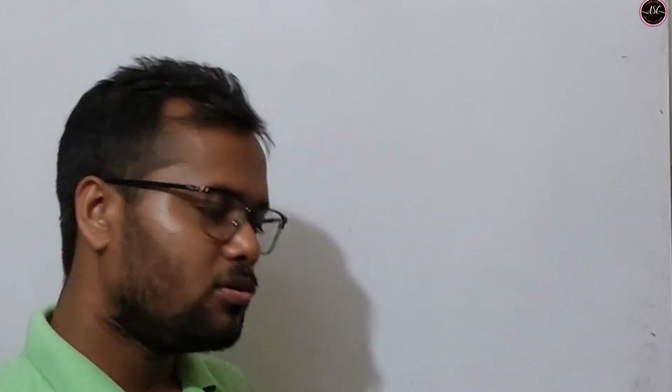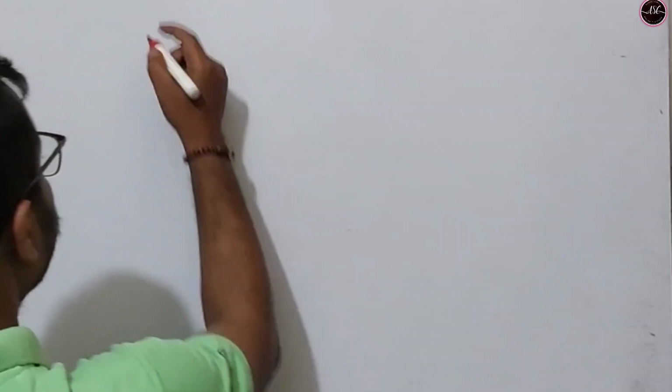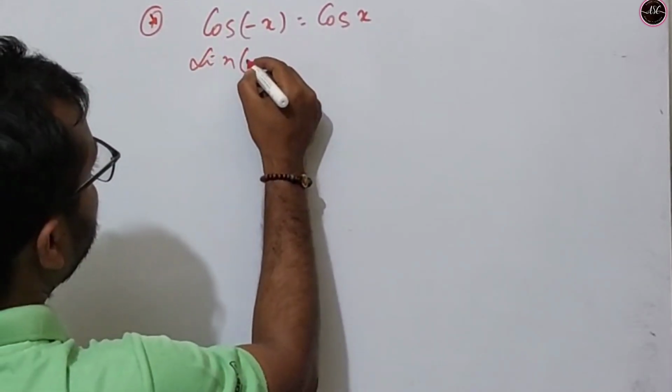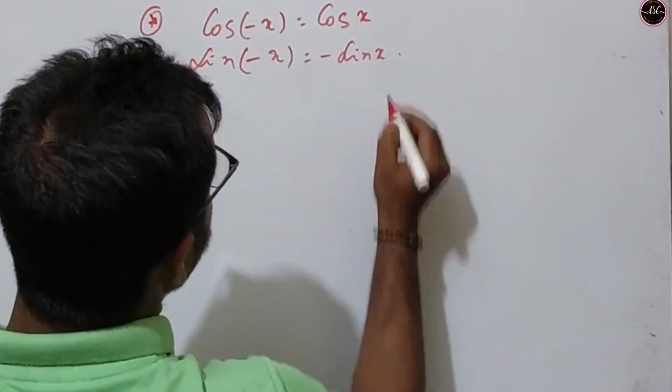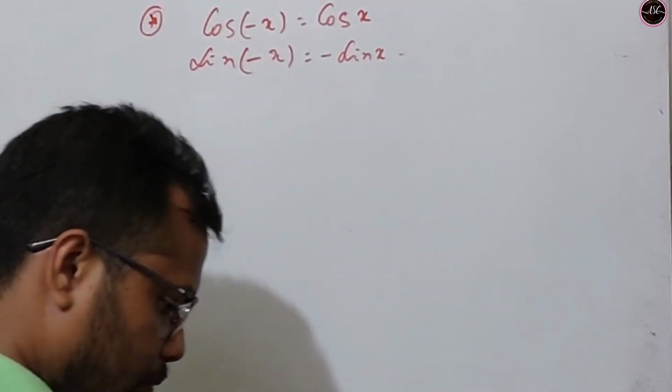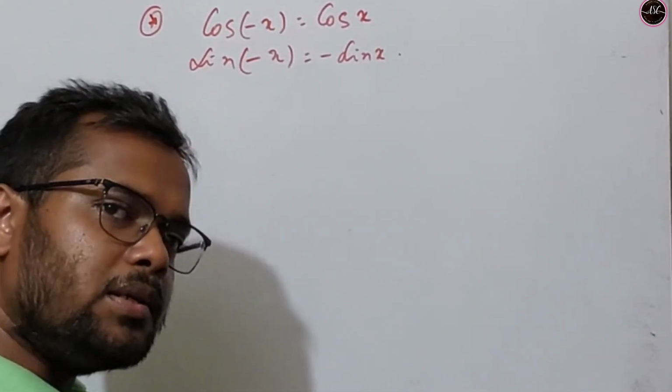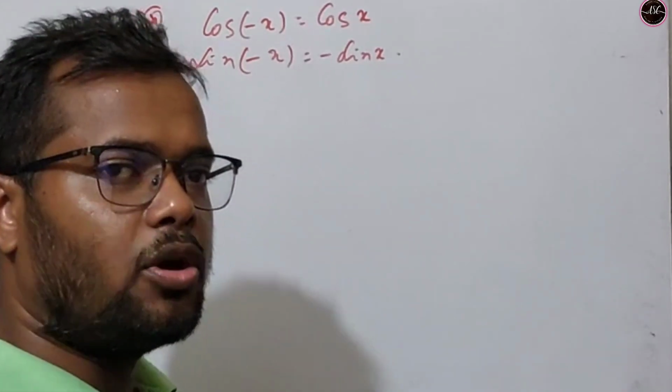That means if there are two angles x and y, then previously we know cos of minus x equal to cos x, and sin of minus x equal to minus sin x, which are for just one angle. Here we will learn the trigonometric functions of the difference and sum of two angles. By these theorems we can derive more theorems, more than 20 theorems exist, and by those theorems we can solve various problems.